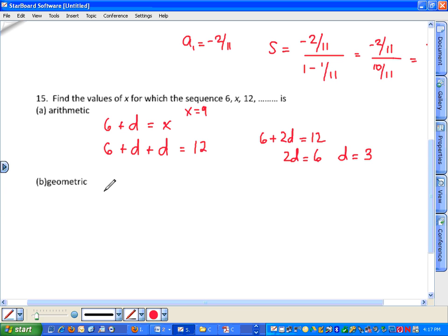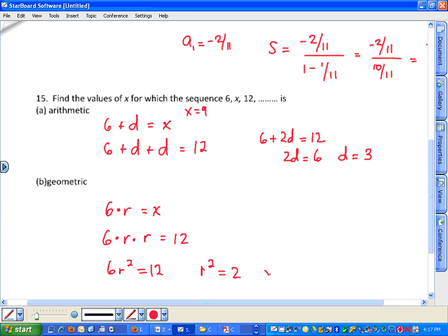Now to make this geometric, that means we have to multiply by a common ratio. If we start with 6 and multiply it with that common ratio, that's going to give us the next term, which is x. But if we start at 6 and multiply by the common ratio and multiply by the common ratio again, that's supposed to get us to 12. 6 times r squared equals 12. If we divide by 6 on both sides, we get the equation r squared is equal to 2.